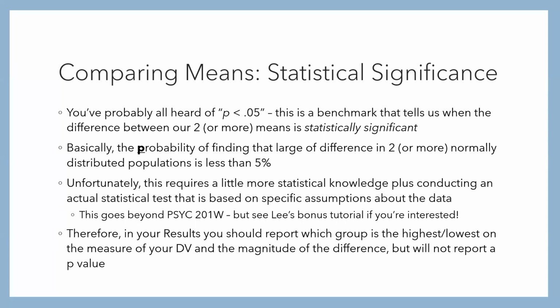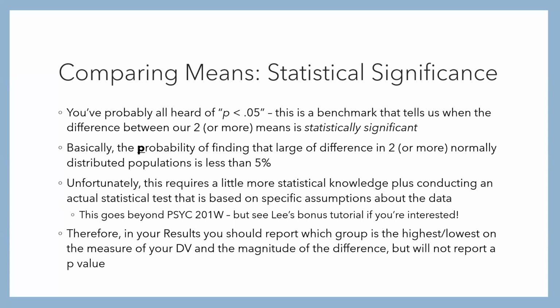Now, statistical significance is a complex enough topic that you'll spend a good week or two on it in 210. But in the most basic of terms, it's the probability, so that's why it's called the p-value, of finding that magnitude of difference that you found in your own data in two or more normally distributed populations.